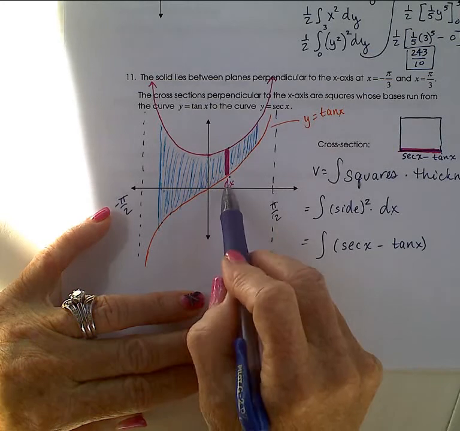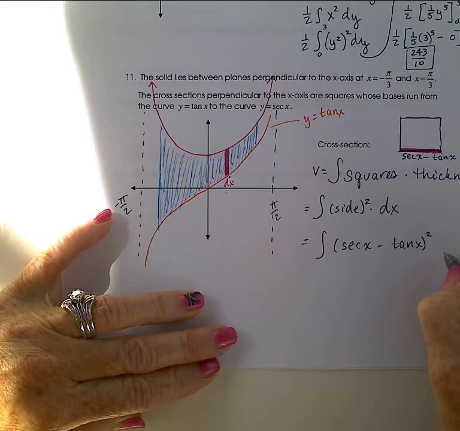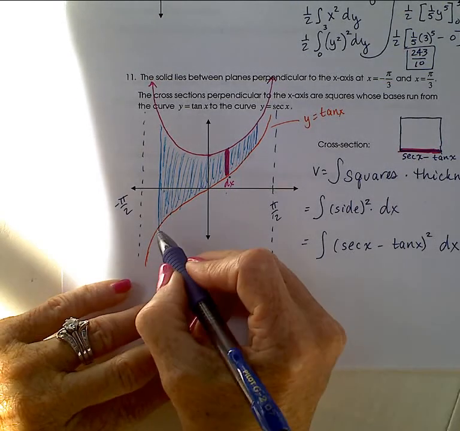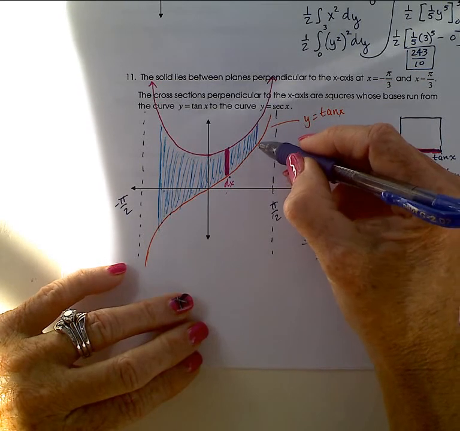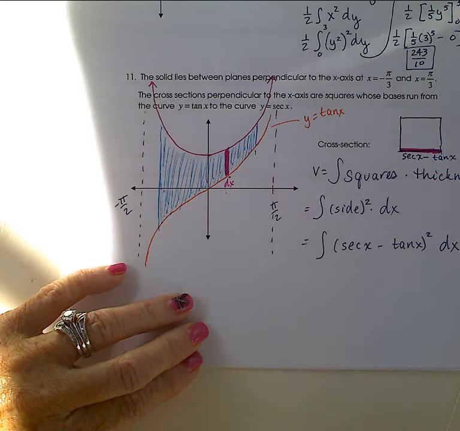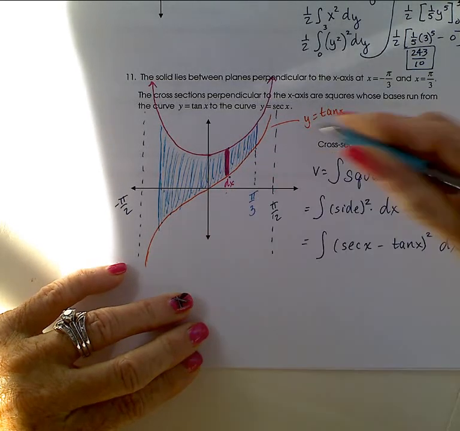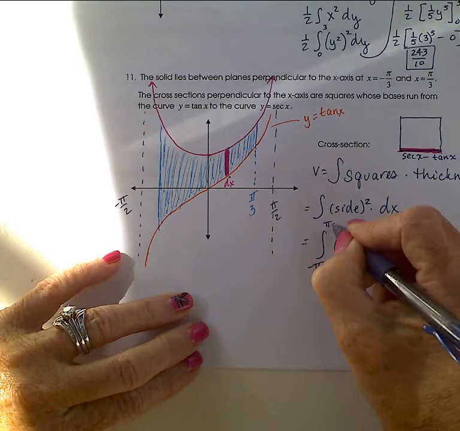Secant minus tangent, that's squared, dx. Bounds here would be from negative pi over 3 up to pi over 3.